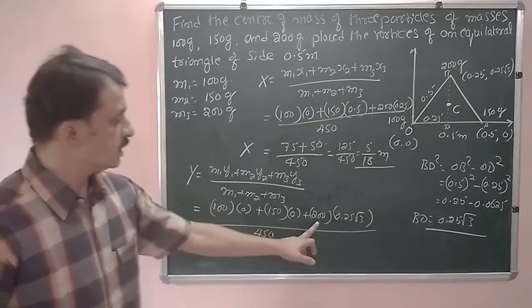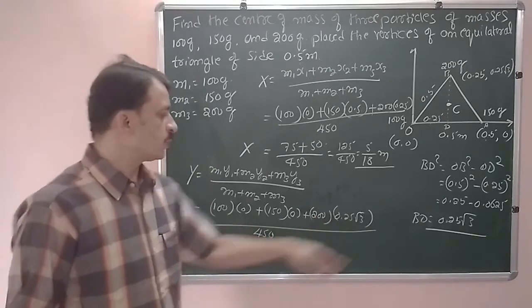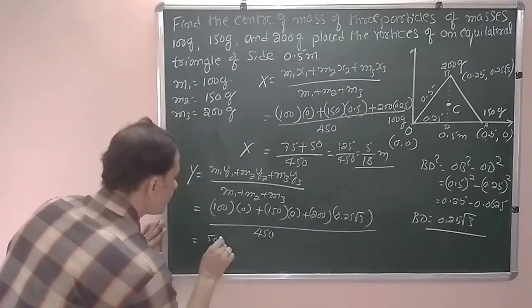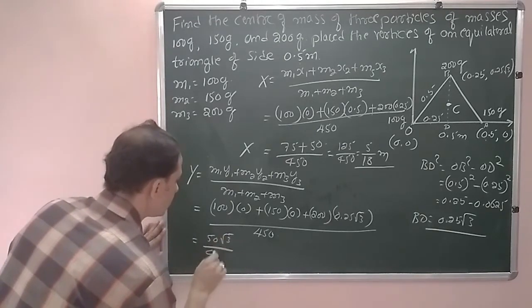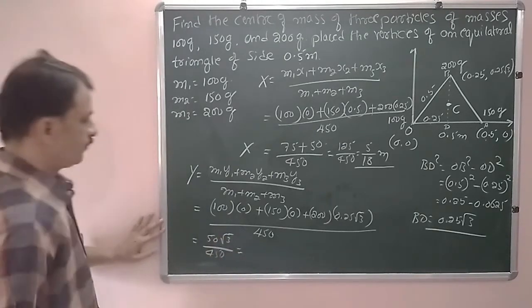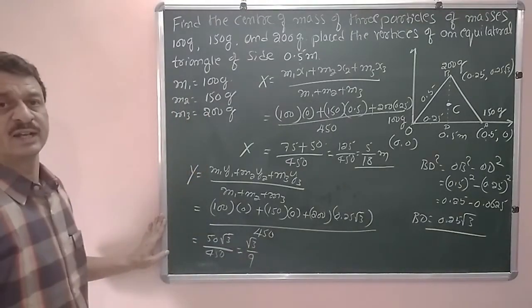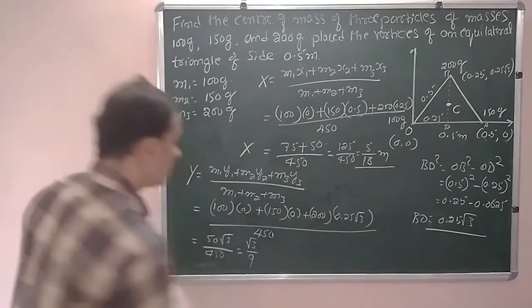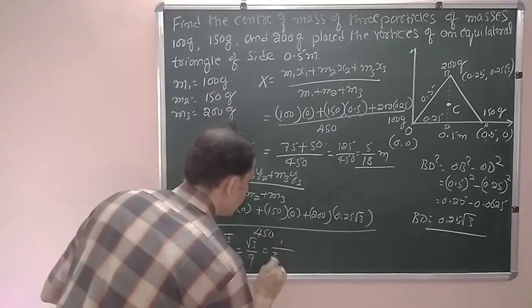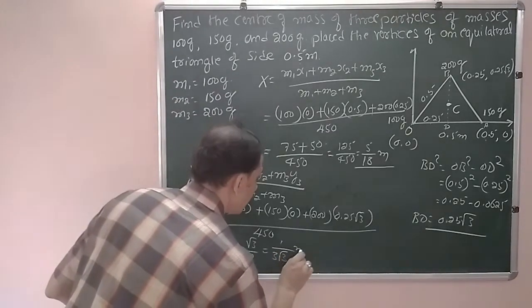Now look here, 200 into 0.25 is 50, root 3 divided by 450, so it is root 3 by 9, or 1 by 3 root 3 meter.